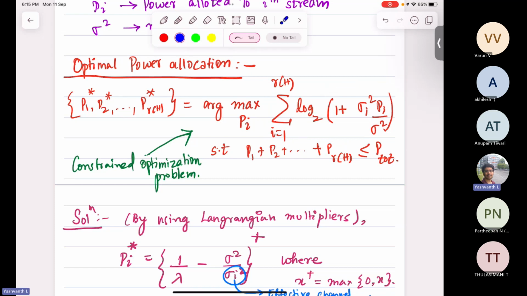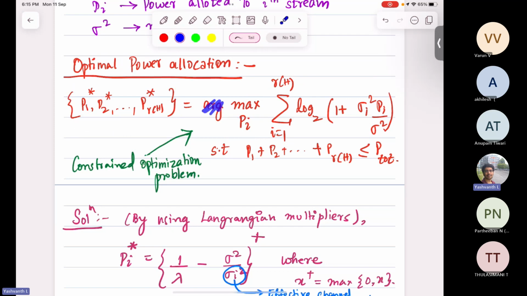But at what values of pi will this be maximum? That is the argument of the maximum value. The argument here is the optimization variable pi. That's what I'm writing, argmax over pi. With respect to what argument pi will this maximum be attained? So the output of this argmax is the argument, that is, the set of all pi's itself.